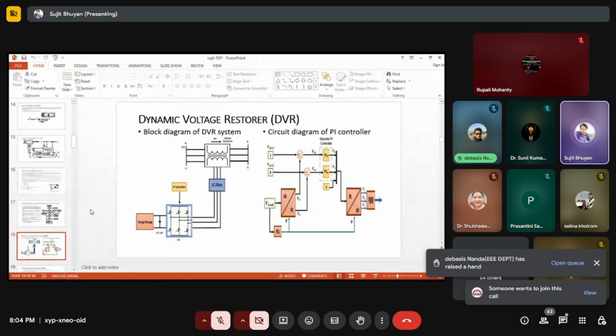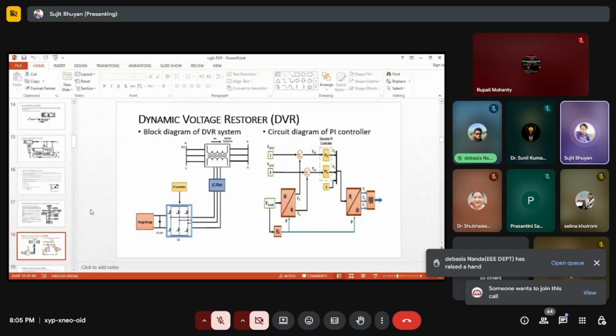And this Vd and Vq are compared with reference Vd and Vq. This is given to the controller, a discrete PI controller I have taken, with integral control and derivative control. This controller gives a signal which is converted from DQ to ABC, again the reference frame, from the direct and quadrature axis to the ABC frame. This ABC frame is given to the pulse width modulation, which gives the pulses, and these pulses are given to the voltage source inverter to trigger the AC voltage, right?